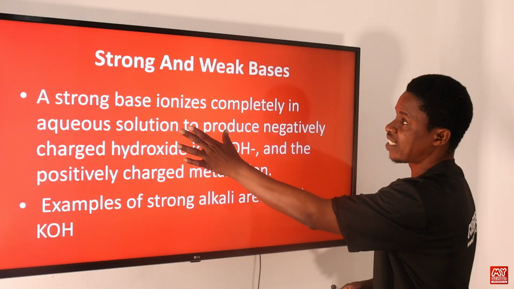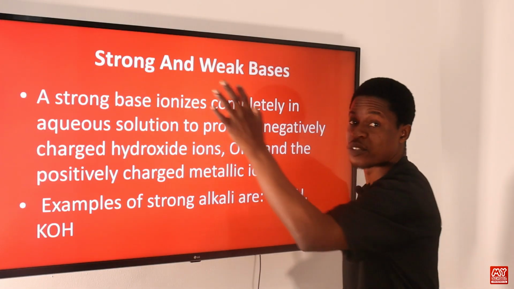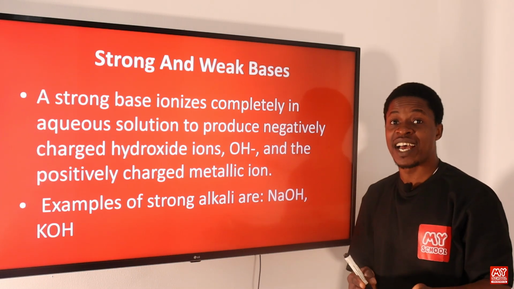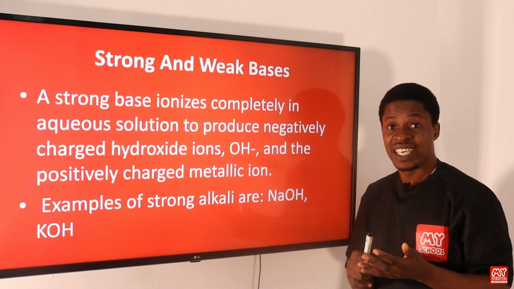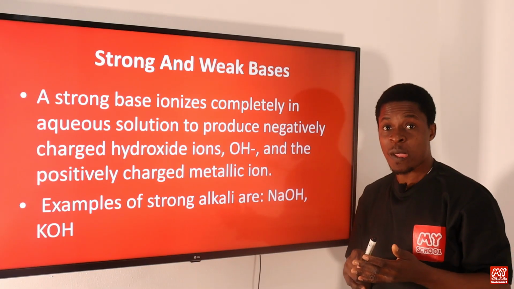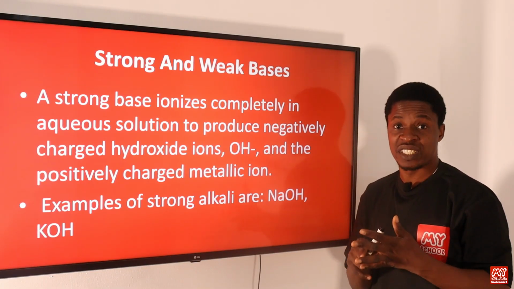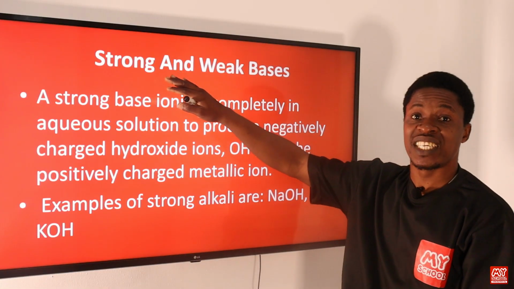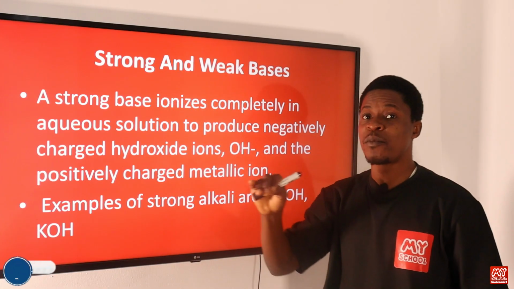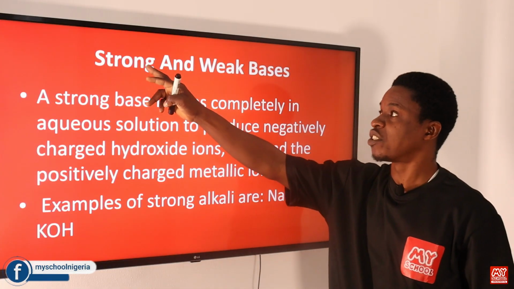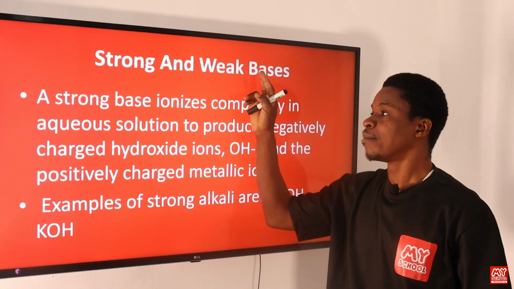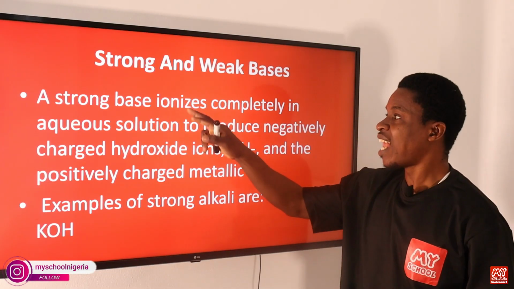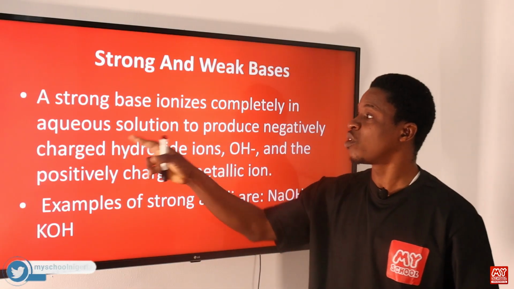We talked about the classification of acids. We said acids could be classified in terms of their sources, in terms of their strength, and in terms of their dissociation. When we talk about strength, bases can also be categorized in terms of their strength. That's why we have strong bases and weak bases. A strong base, just like a strong acid, will ionize completely in aqueous solution.